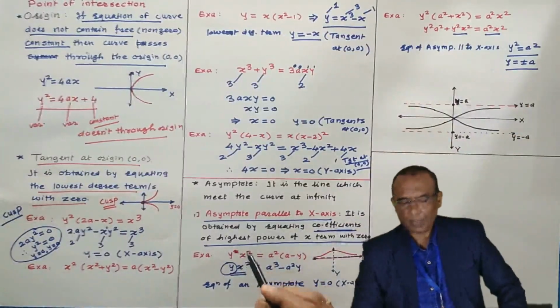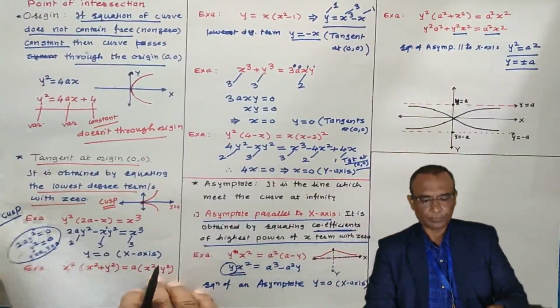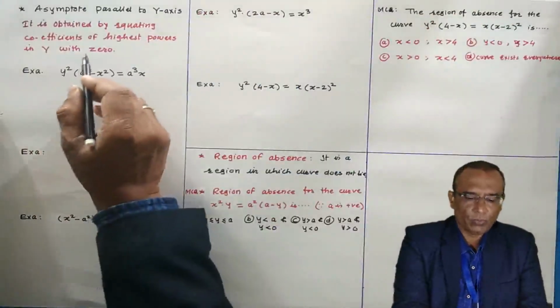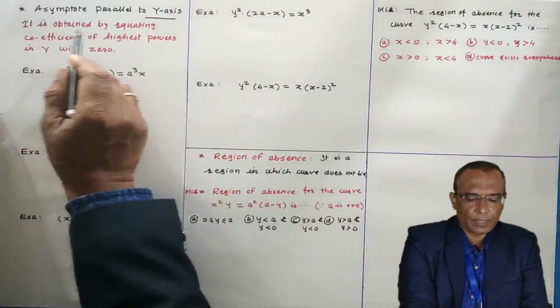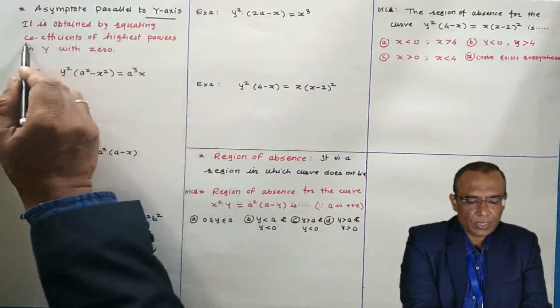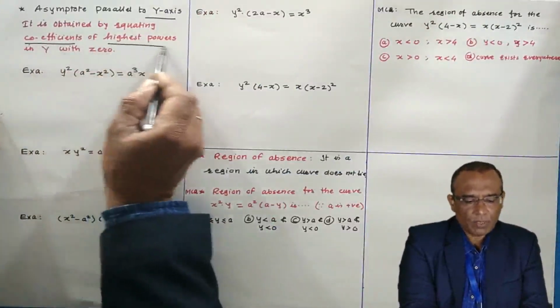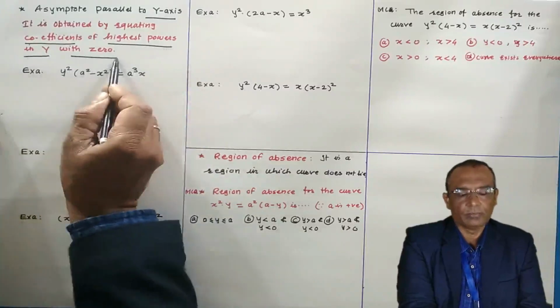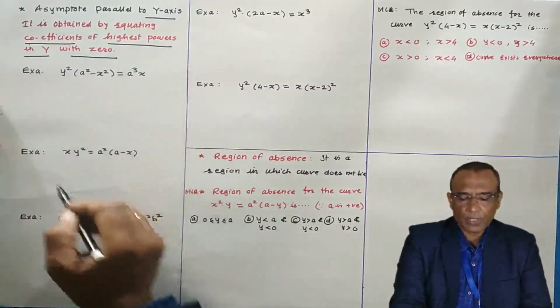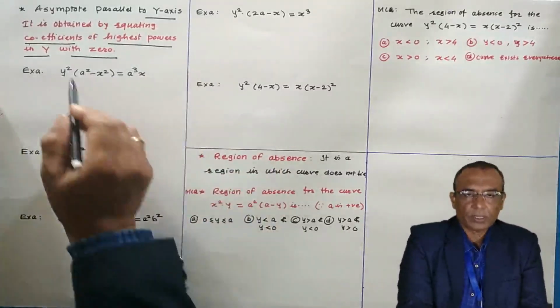Now we found the asymptote parallel to the x-axis. Now the asymptote parallel to the y-axis is obtained by equating the coefficient of the highest power term in y with 0. Some curves I have taken. This is the curve.